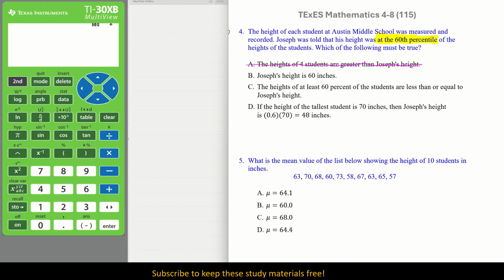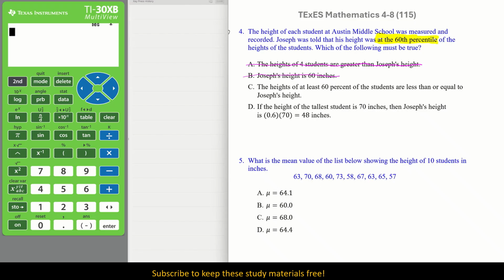And you should already know that if we lined up all of them in order, his height would be at 60% of all of them. Joseph's height is 60 inches. No. Now, let's look at C. The heights of at least 60% of the students are less than or equal to Joseph's height.